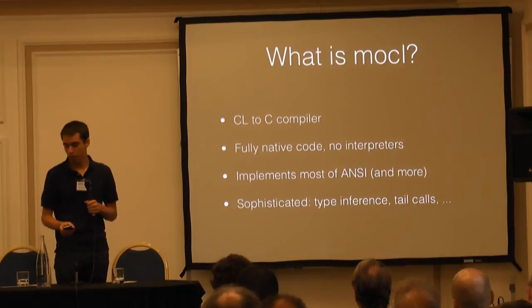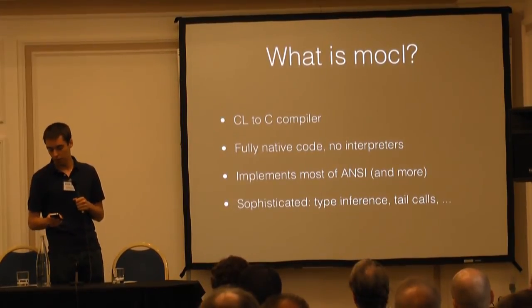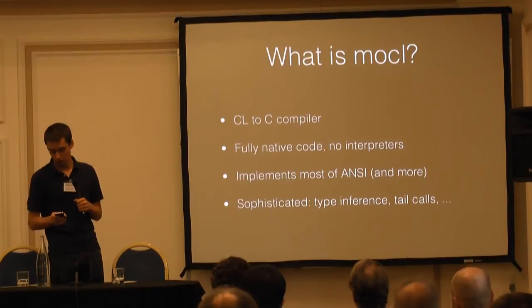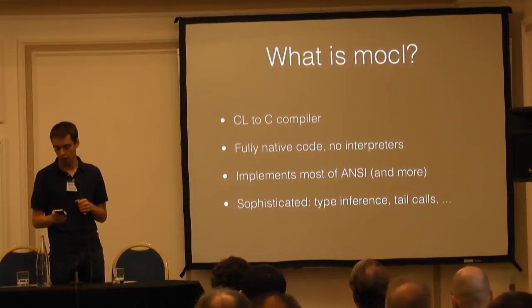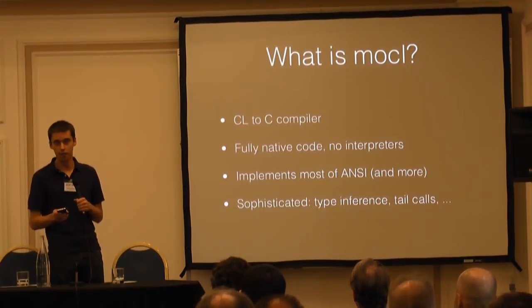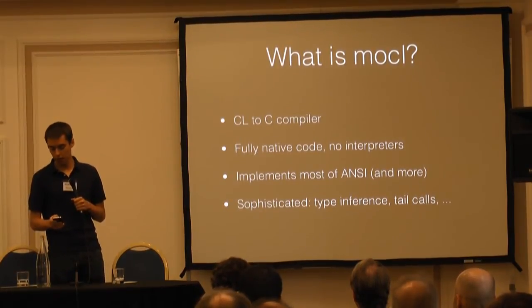There's no interpreter there. It's trying to do most of ANSI at this point, although that's a pretty tall order, being so huge spec-wise. And it's fairly sophisticated, which is really one of the strengths of Common Lisp. We've come to expect our Common Lisp tools to have a lot of sophisticated features such as type inference, and Mocl tries to live up to that standard.